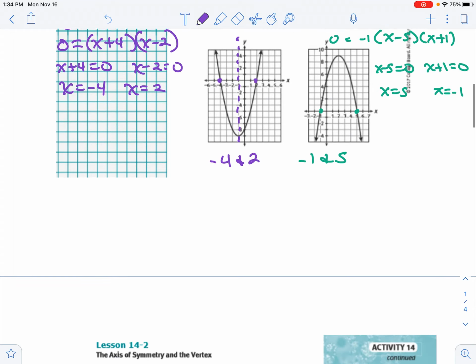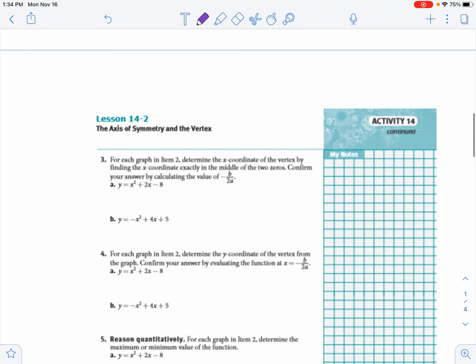So for the first one, the x value in between those zeros is negative 1. Now let's check that with negative b over 2a. Negative 2 over 2 times 1 gives you negative 2 over 2, which is negative 1. So that formula will also get you that vertex in that line of symmetry.